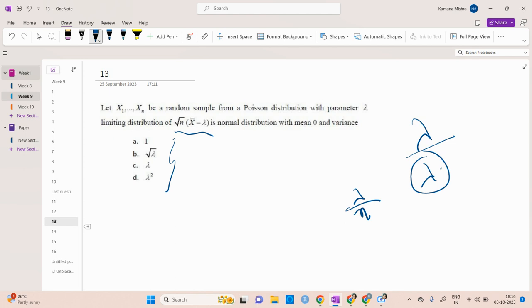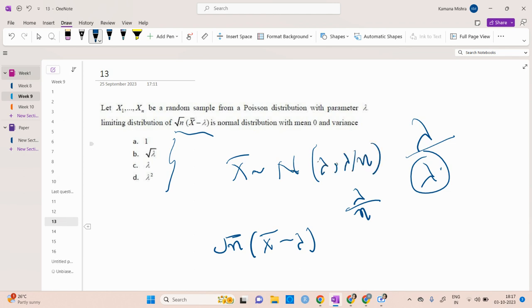Now we need to find root n times (x bar minus lambda), and we know x bar follows normal with mean lambda and variance lambda upon n.